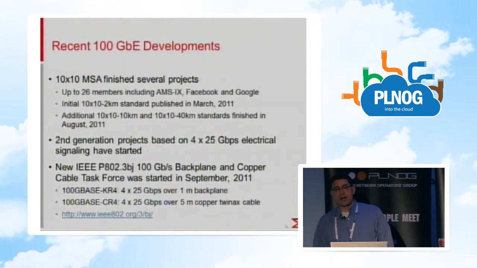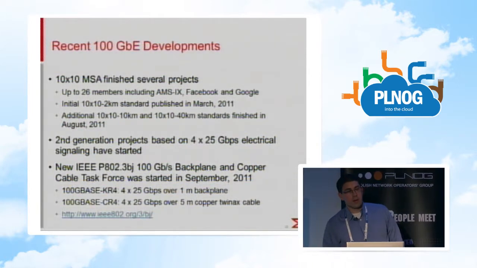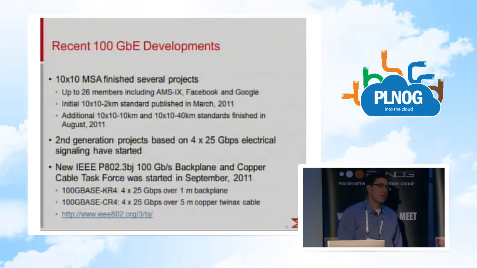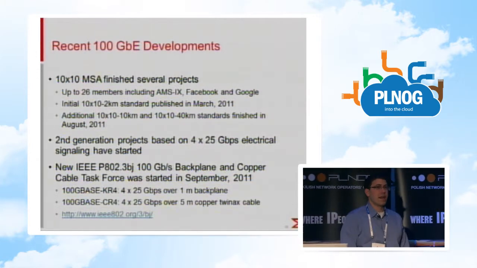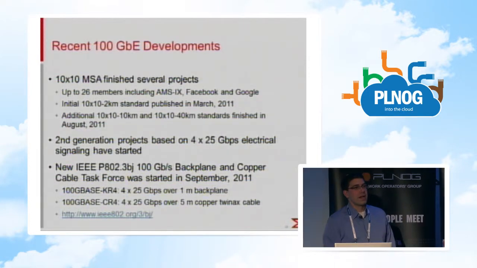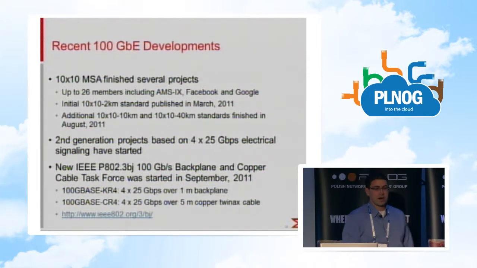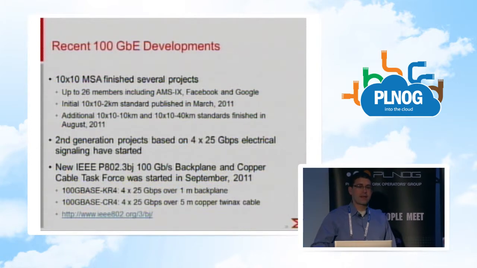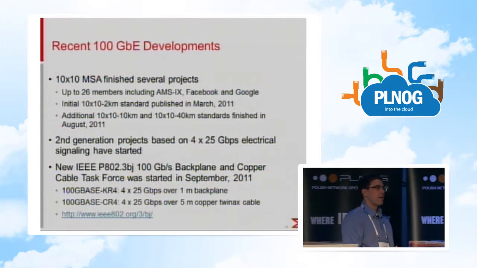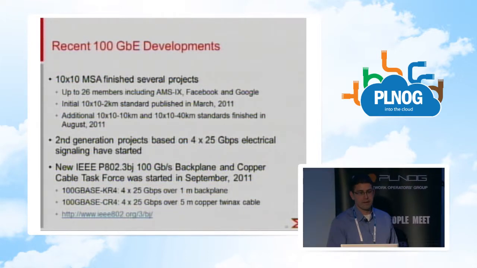The second generation projects for 4 by 25 signaling have started. What that means is that Brocade and our competitors have started working on this in our labs and our R&D facilities. Nobody has any kind of production 4 by 25 equipment yet. And finally, the IEEE is working on copper interface and backplane interface standards as well.